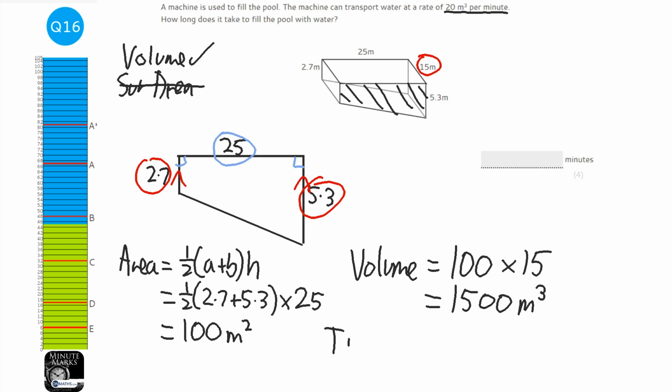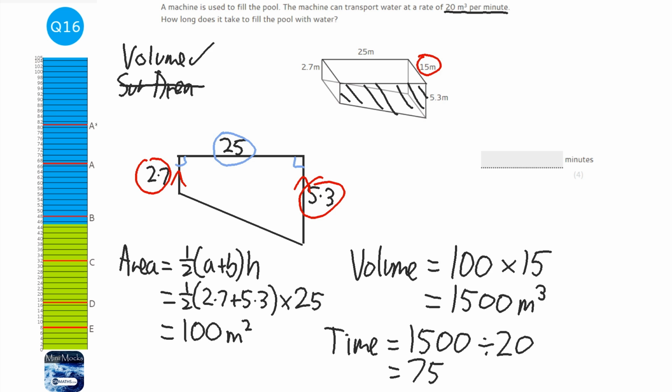So we can say time equals, so this is how much it's got to fill, and this is how much it does per minute. So on the calculator, 1,500 divided by 20 equals 75 minutes. So it's going to take 75 minutes to fill the pool.